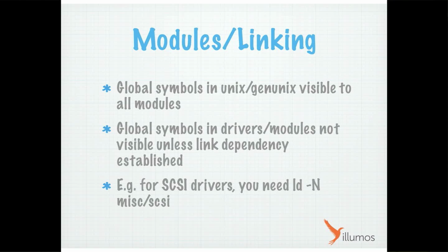So for modules, what do you do about symbols? Most functions that are part of the DDI are in unix or genunix, which are basically the core kernel. That's again split between the implementation-specific piece and the implementation-generic piece. Those symbols everybody can see.